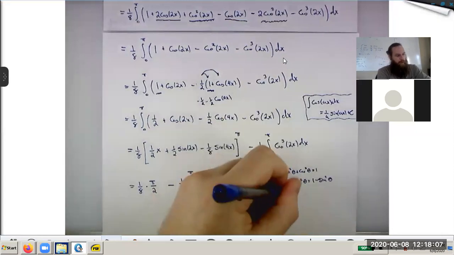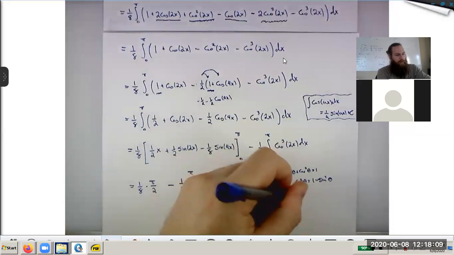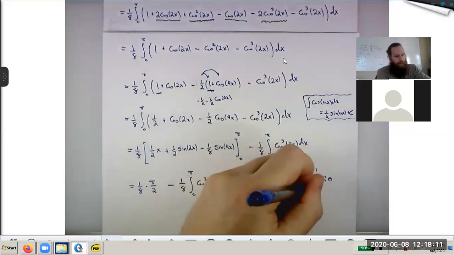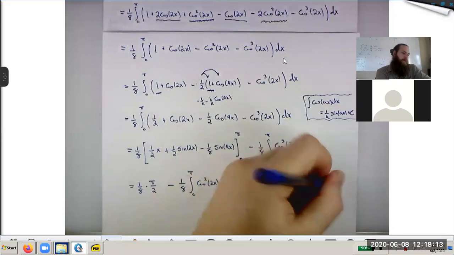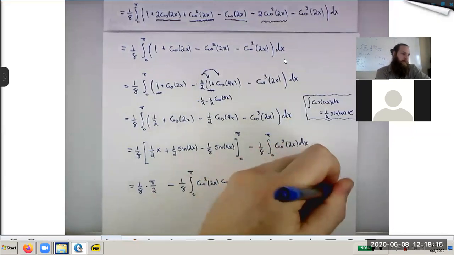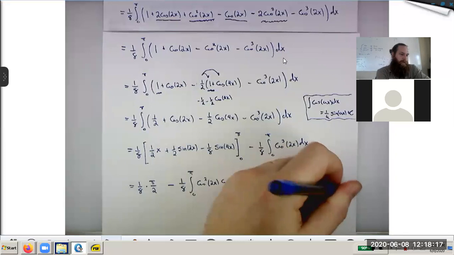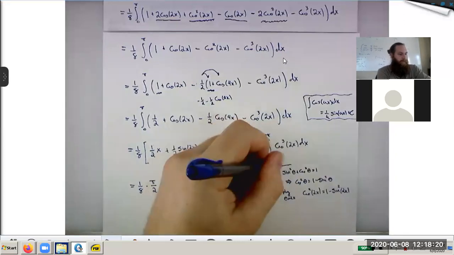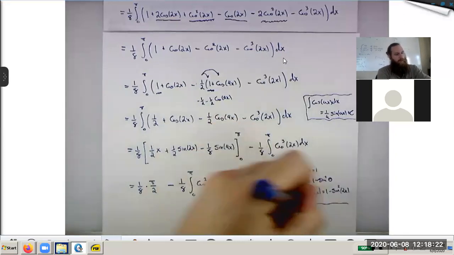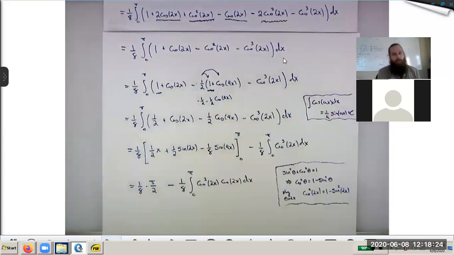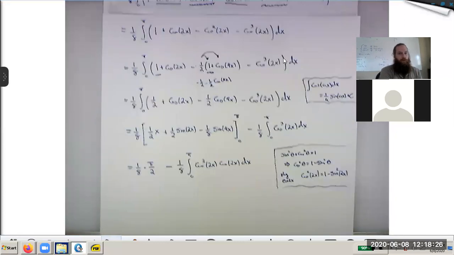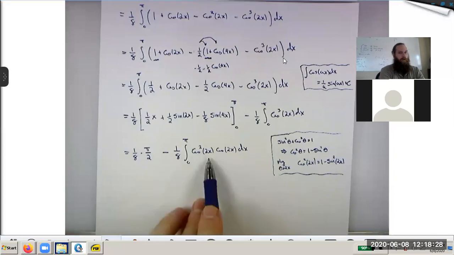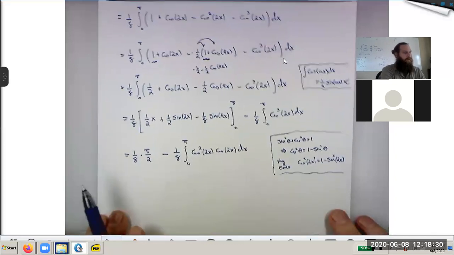Plug in theta equals 2x, and you see that cos squared of 2x is equal to 1 minus sine squared of 2x. So we will be making use of that here, and then splitting and doing a substitution.